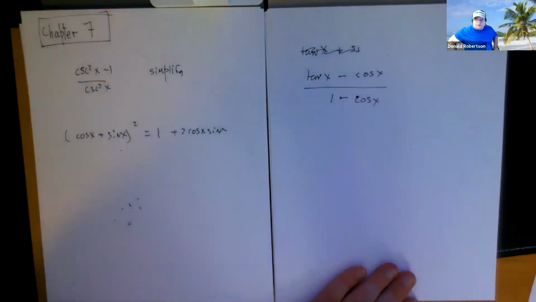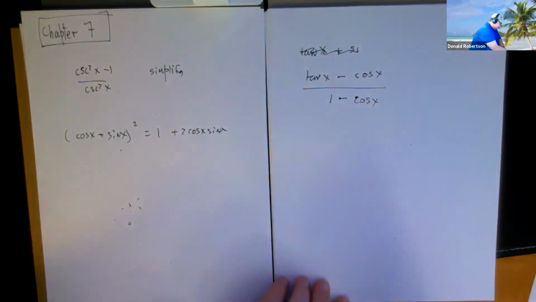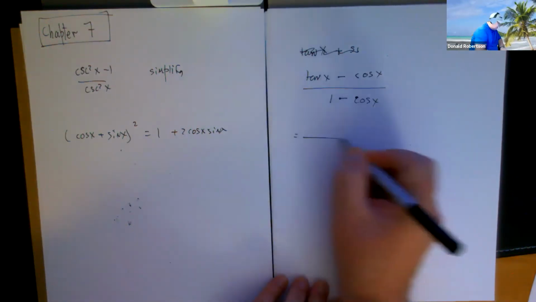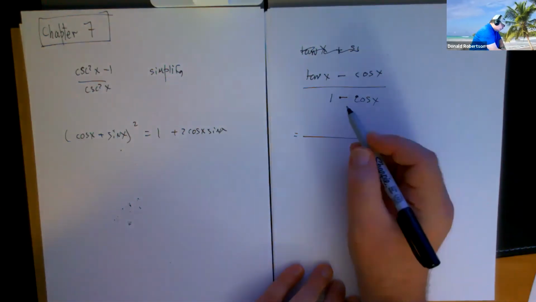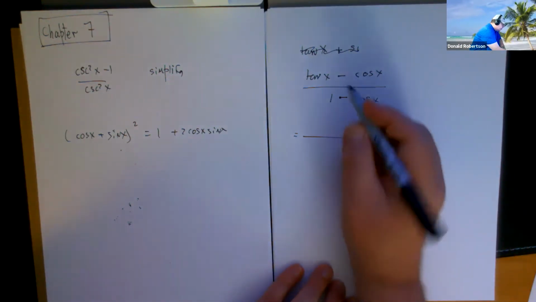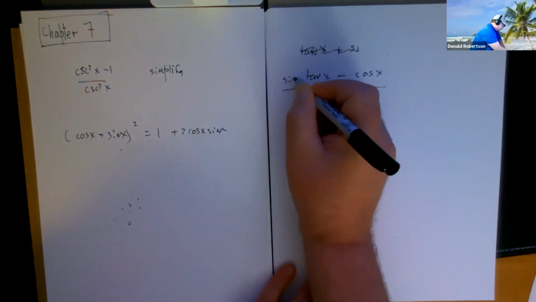Okay, I hope that one's going to work. Simplify tan x, take away cosine x, and 1 minus cosine x. So we're going to try and simplify this fella. And let me change it a little bit.